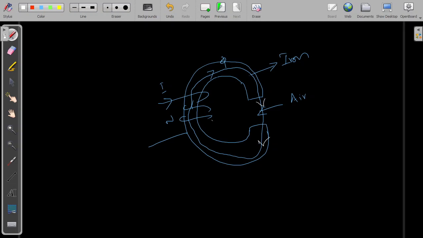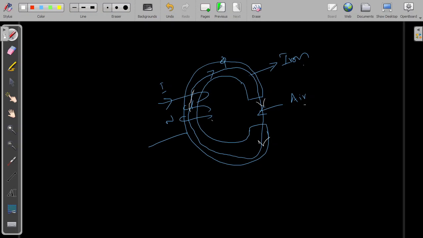The magnitude of this flux can be found like this. On completing a closed path like this, phi will come across two types of materials. The first is iron and the second is air.